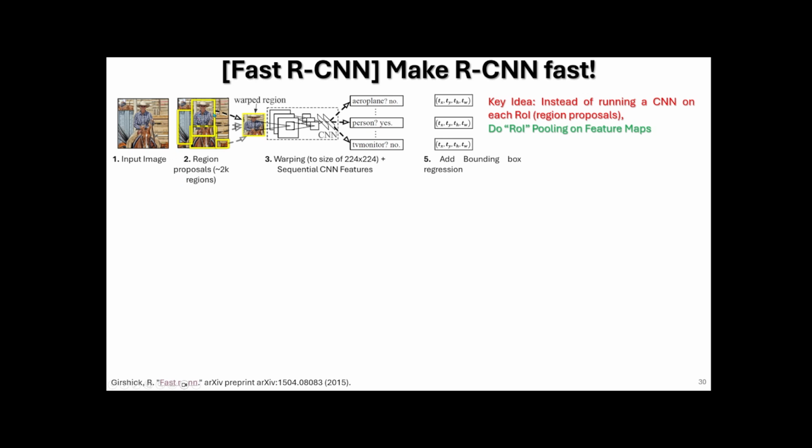Of course, that part is not replaced, and then you warp the regions onto the features of the CNN, not with CNN being passed individually. So that's the idea. Pass the image through a single CNN, get the features, you do the region proposal on the image, then you warp these region proposals onto the features. That's as simple as that.